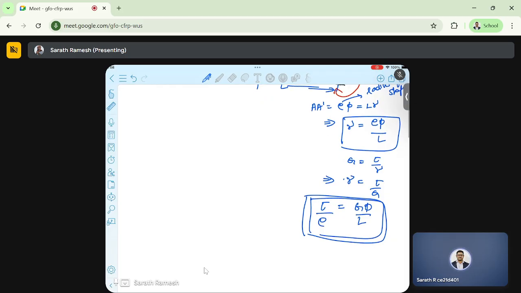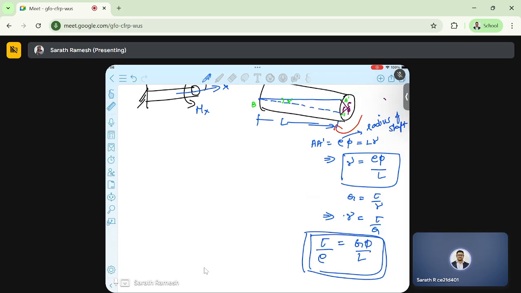And suppose you want to go with the force side, that is the applied moment, the twisting moment T. This T is equal to moment, which is nothing but force times the lever arm. What is the force? Force is nothing but stress times the area.